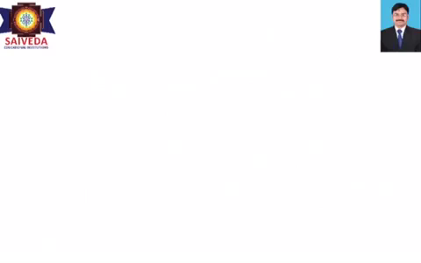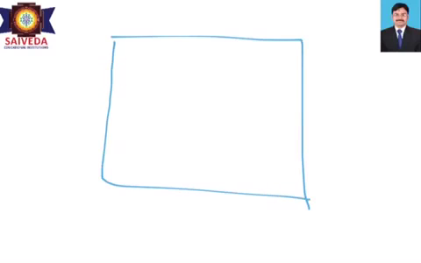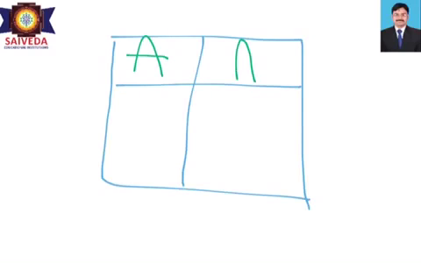Let us observe the truth table also. Here in the truth table we don't have two inputs, just one input, that is A, and the output is A complement. That means if we have taken 0, it is becoming 1.